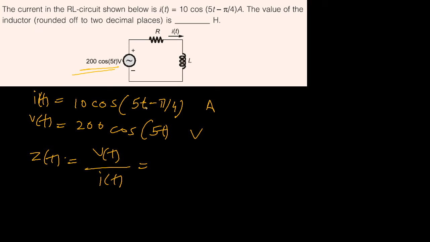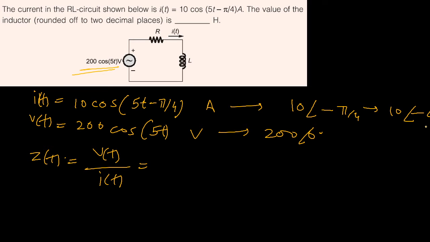Let's convert this into polar form. We can write this as 200 with the angle 0 degrees, and 10 with the angle -π/4, which is 10 with the angle of π is 180, divided by 4 is 45, so -45 degrees.